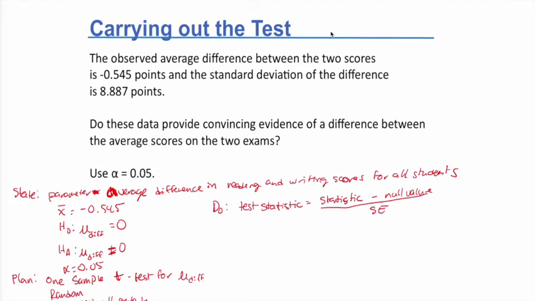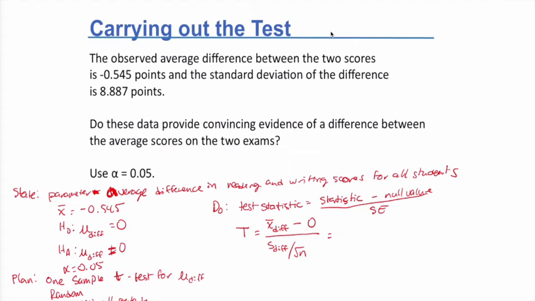For a difference of means, or a mean of differences, it's going to be t is equal to our x bar of the differences minus our null value, which in this case is 0, over the standard error, which is s over the square root of n. So s of the differences over the square root of n.